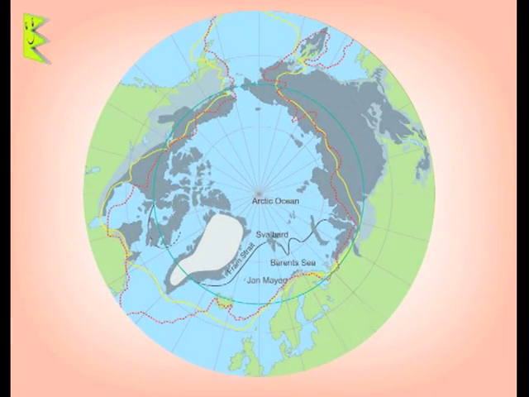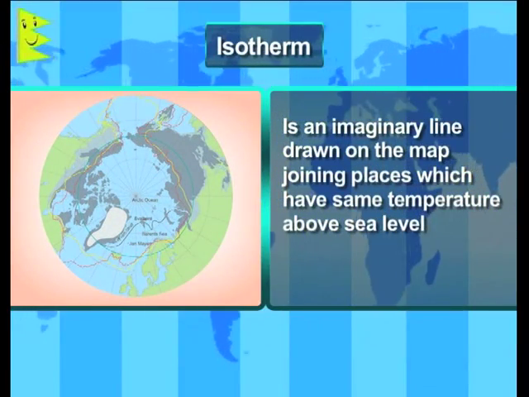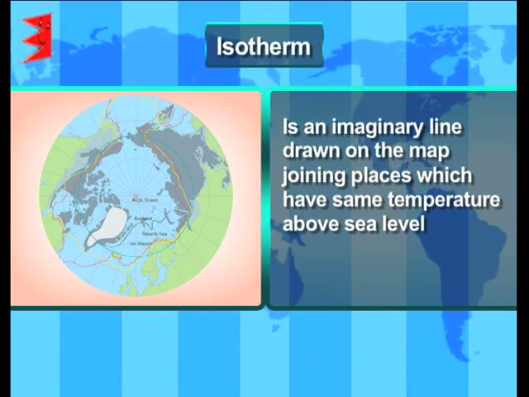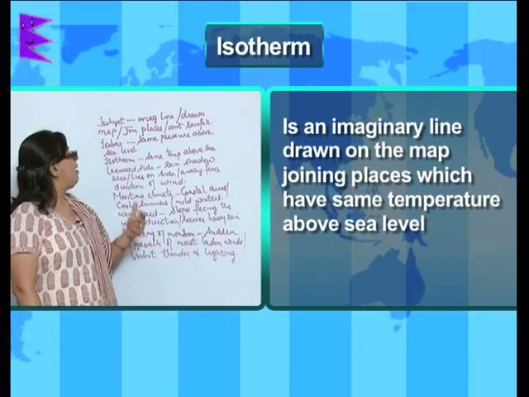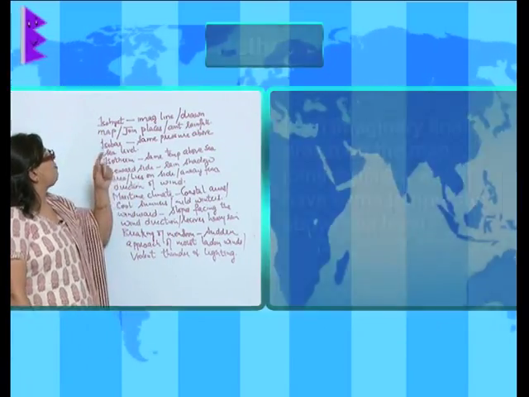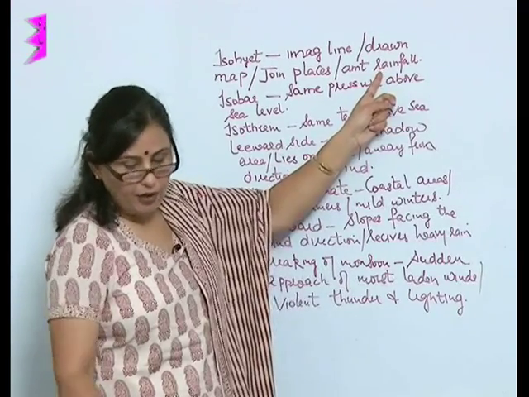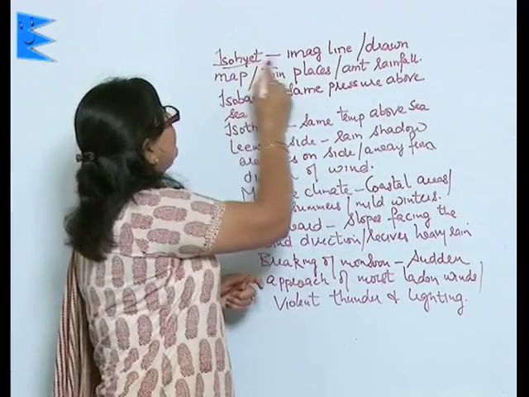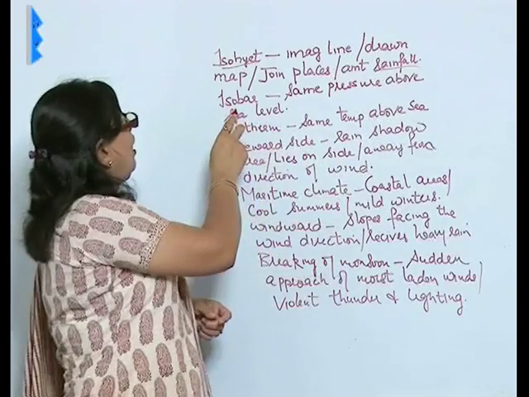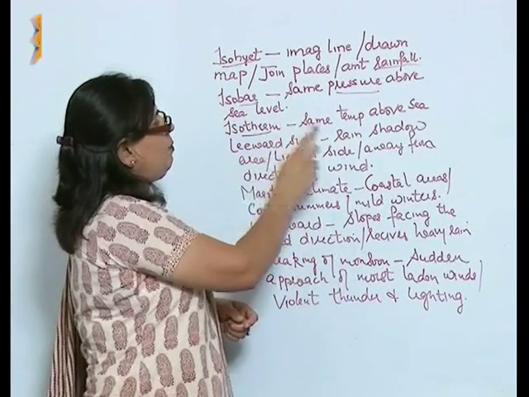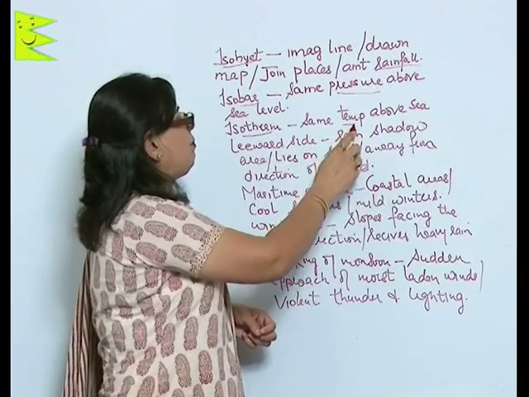Next is isotherm. Isotherm again is an imaginary line which is drawn on the map joining places having the same temperature above sea level. So, remember, isohet is connected with rainfall, isobar with the pressure and isotherm with the temperature.